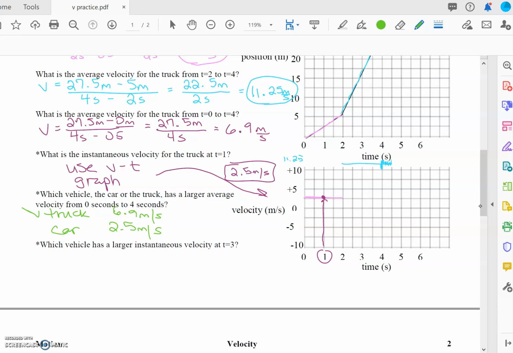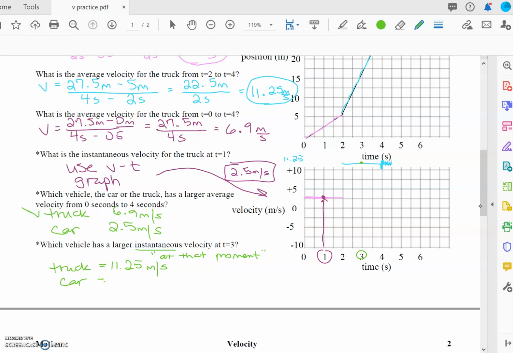And final question, which vehicle has a larger instantaneous velocity at t equals 3? Instantaneous just means at that instant or at that moment. So it's not looking at an average over time, it's looking at one specific second. So at 3 seconds, the truck has an instantaneous velocity of 11.25 meters per second.